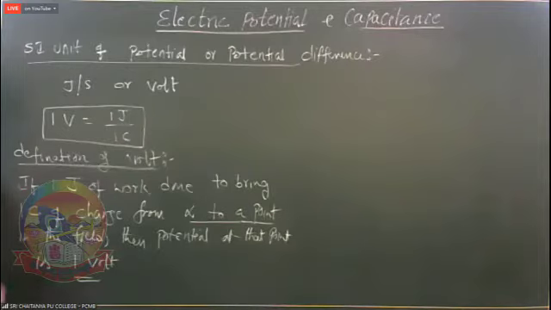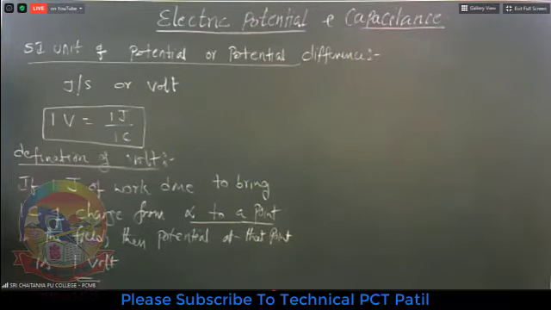Even if you want to write the definition of volt in terms of potential difference, you can write it like that. 1 joule of work done to bring 1 coulomb of charge is said to be 1 volt. Right?